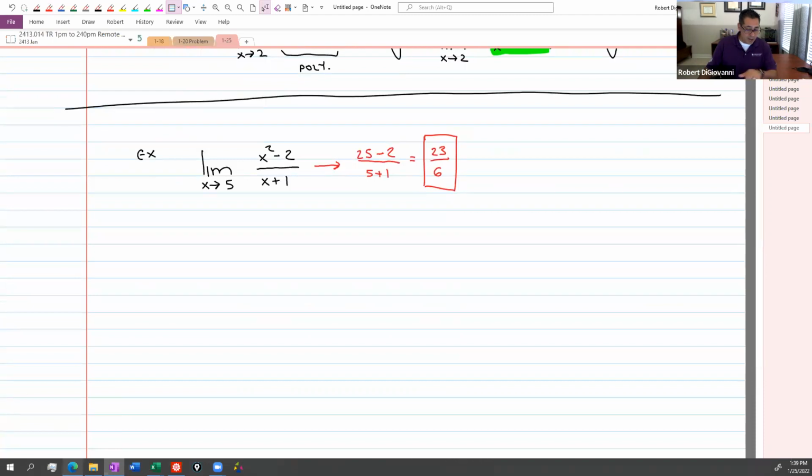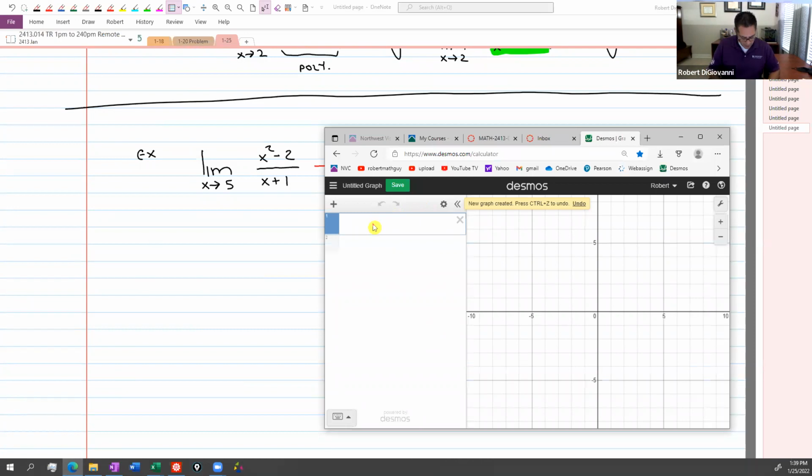I'm going to illustrate this real quick by graphing that function for you. Let me bring it up over here. Let me type it in first. I'm going to graph x squared minus 2 over x plus 1.